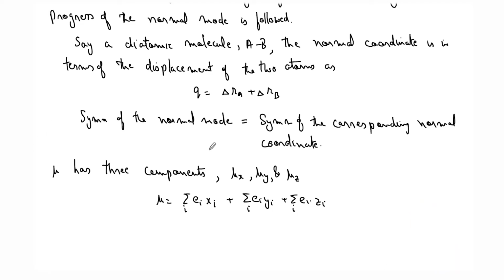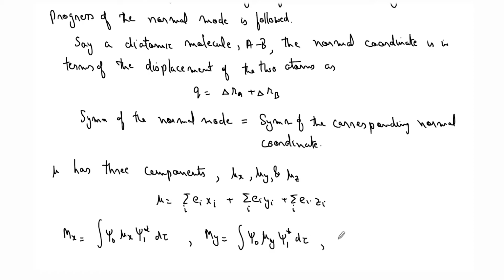Now if mu has three components, then the transition moment integral will also have three components, right? So you can say that Mx is the integral of psi 0 mu x psi 1 star d tau. Similarly, My is psi 0 mu y psi 1 star d tau, and Mz is equal to psi 0 mu z psi 1 star d tau.